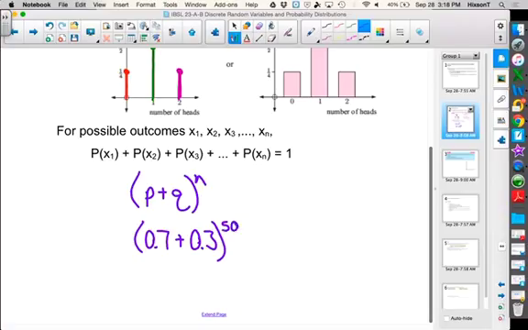We could use that binomial expansion to figure out the probability of succeeding, let's say, 40 out of 50 times. But notice what's happening here. What's 0.7 plus 0.3? 1. 1 to the 50th power is? 1. The probabilities would all add up to 1.